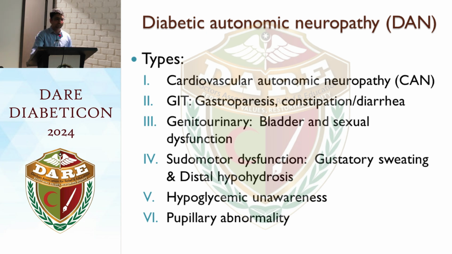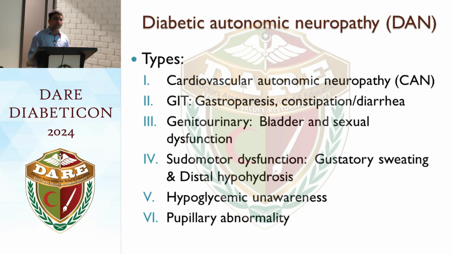The symptoms which the patient will describe: the first or early symptom will be decreased exercise tolerance. By the time we see orthostatic hypotension and syncope, we can say that it is advanced autonomic neuropathy.